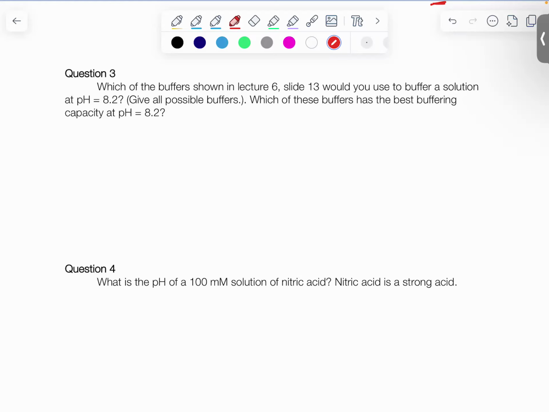How do you determine which of these would be good at buffering a solution that's at pH 8.2? Yeah, if 8.2 is in their range, they can work. So there's 10 that he gives you that would work for this. I'll just write them out.